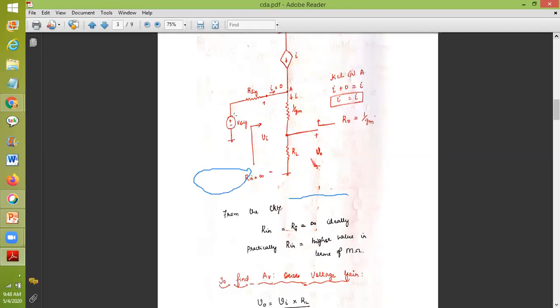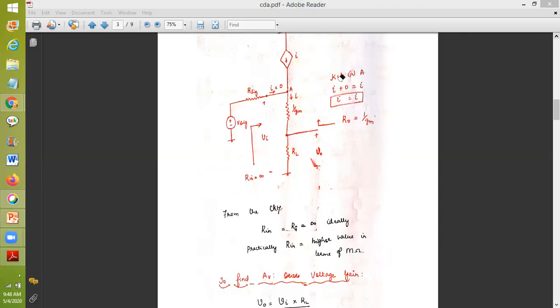When the V signal is shorted and this current is open circuit, if you stand and view here, which resistance can you find?